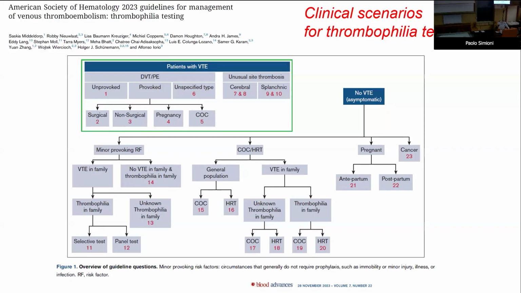And what is the importance of knowing about thrombophilia in asymptomatic patients? Maybe some of the family members of a patient with thrombosis are carriers of thrombophilia, but they don't know. So it's important to study this thrombophilic condition in order to prevent thrombosis. And this is what they tried to address.